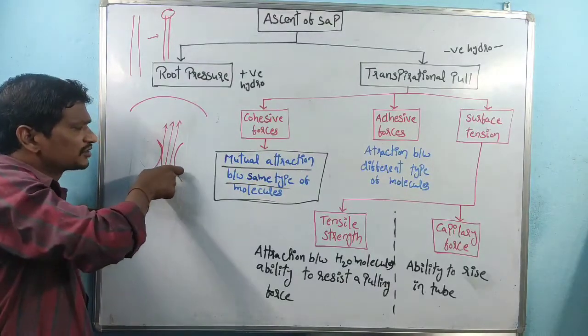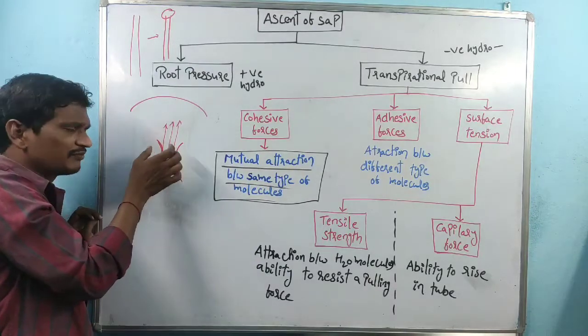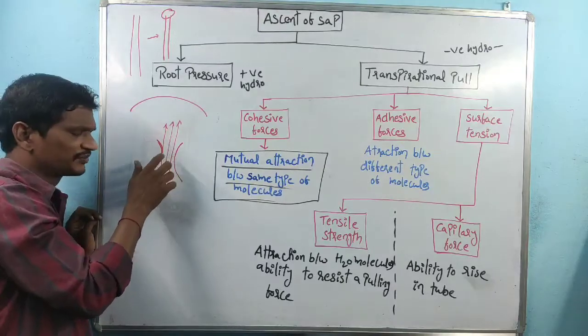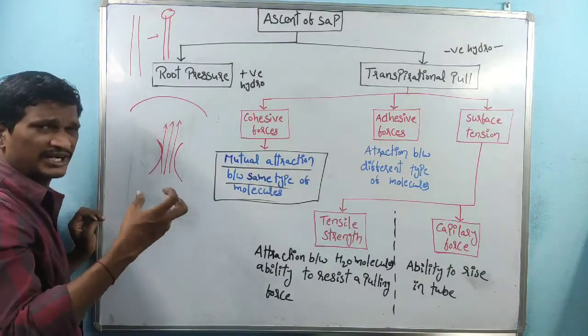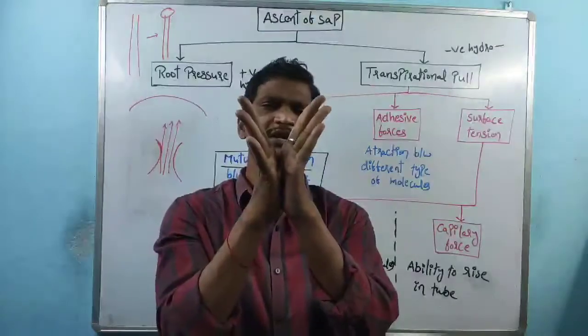If water molecules are continuously transported, that force does not affect the xylem vessels. If the water molecules did not have that attraction capacity, at some point the xylem vessels would definitely break down.